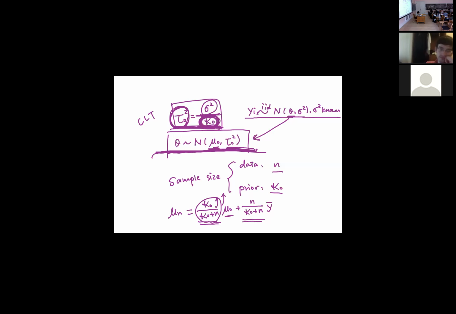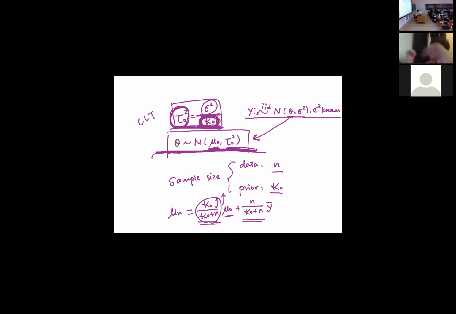Yeah, it's in page 38. If you look at the bottom, combining information. Oh, sorry, page 39, that's even better.